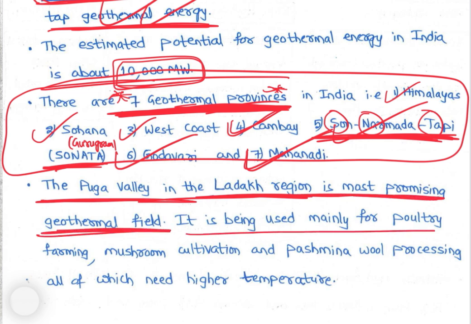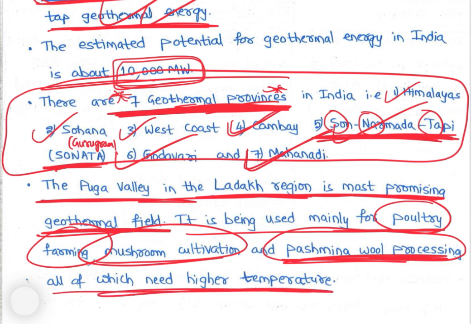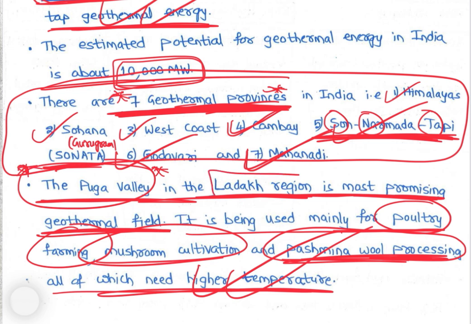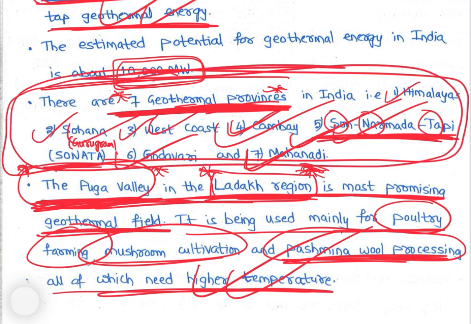It is being used mainly for poultry farming, mushroom cultivation, and pashmina wool processing, all of which need higher temperature. So Puga Valley in Ladakh is well known for geothermal power generation, you need to remember. Very important. These 7 provinces you also need to remember.